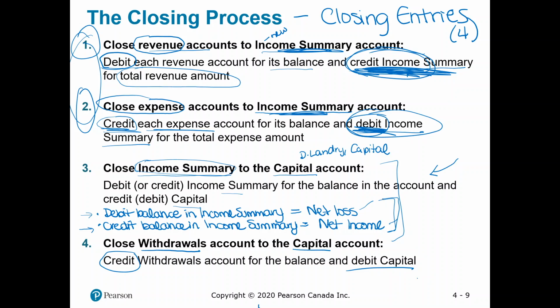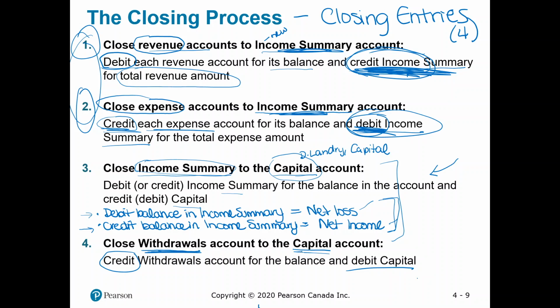So we are now just putting it into the capital account. We're actually moving it from the revenues and expenses into capital. And in the capital calculation, so you start with opening, add net income, and you subtract the withdrawals account, and you get to the ending capital balance.